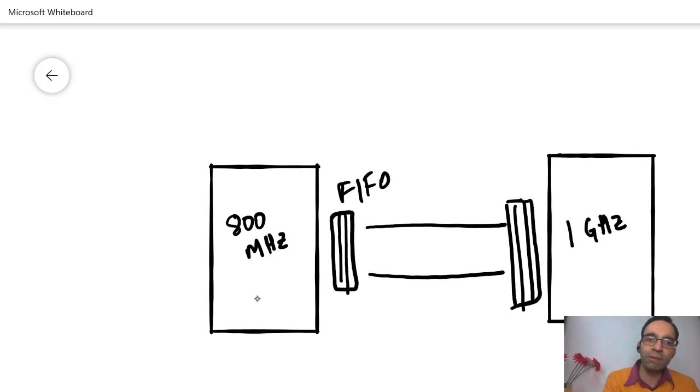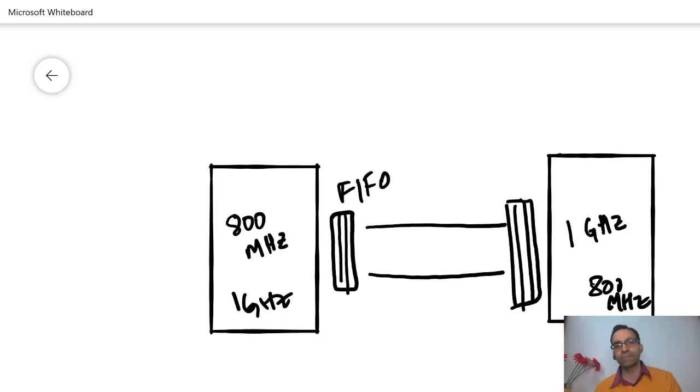So there could be a time when this is operating at 1 gigahertz and this is operating at 800 megahertz. That kind of thing also exists. So you have a FIFO on both sides. Now we understand that neither of the two systems would want to communicate to the other at the full frequency F. They want to communicate at the required frequency F, but the activity factor, or the number of cycles in which they will want to write, is not 100%.